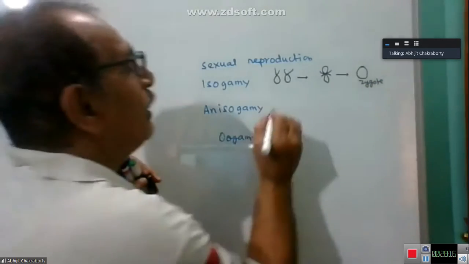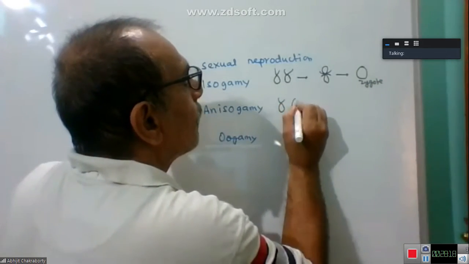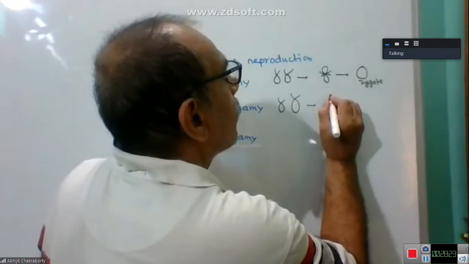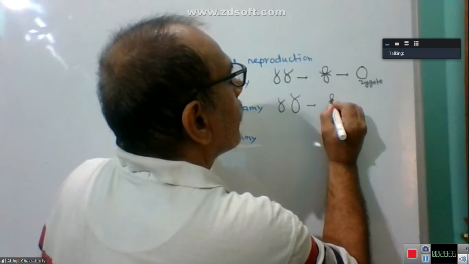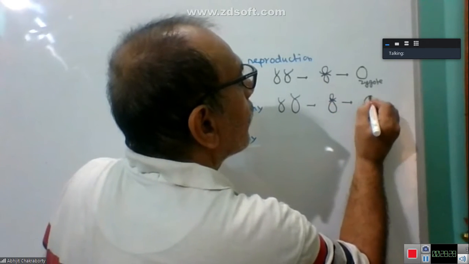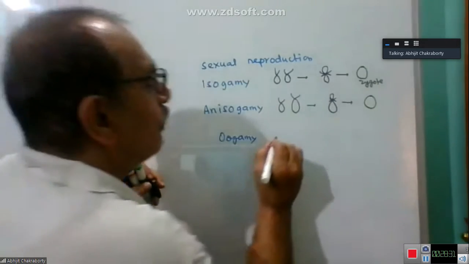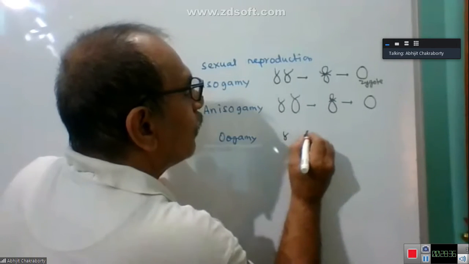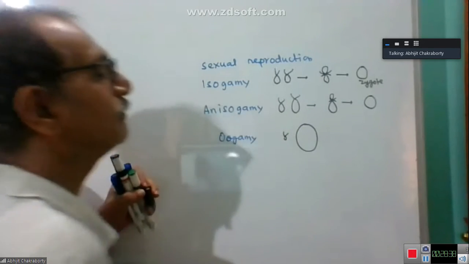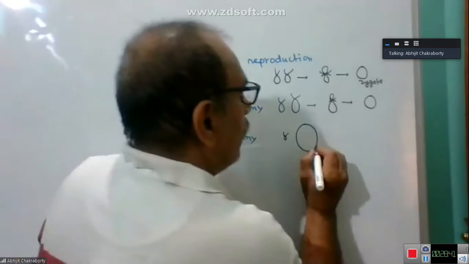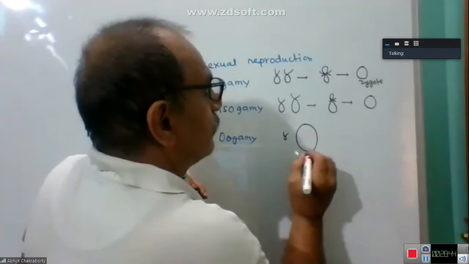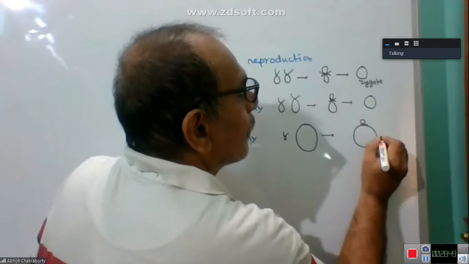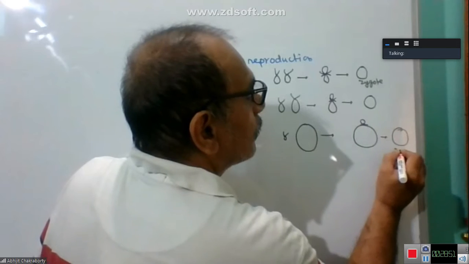In anisogamy, two gametes are dissimilar. In oogamy, one gamete is very small, the other is quite large, and it is sessile, giving rise to the zygote.